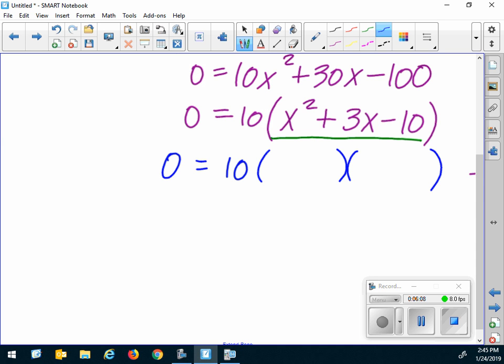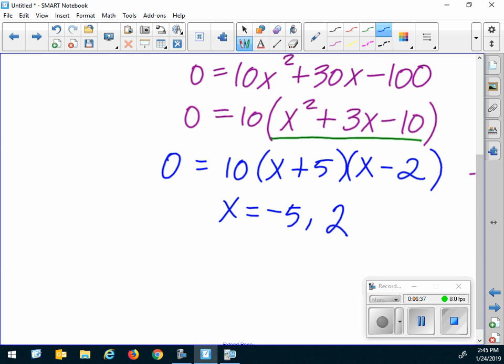Yes, you can. Okay. X equals, right, 10 doesn't equal 0. But if x plus 5 equals 0, then what's x? There you go. Aha!